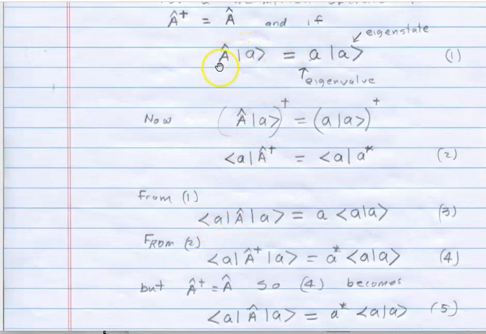This is simply another ket vector, and so I take its inner product with ⟨a| over here, and I do it over here as well. But ⟨a|a⟩, the inner product with itself, is some number. This piece here is just a number, so it comes out. And so from equation 1, taking the inner product with ⟨a|, I get expression 3.